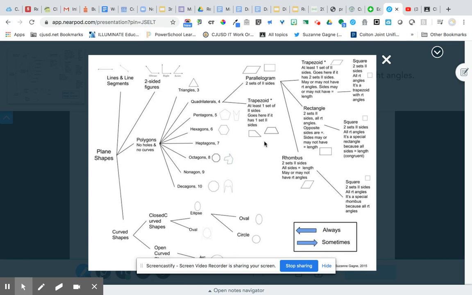No, this one's all right angles, may or may not have sides of equal length, so it could be rectangle. All sides equal length, all right angles, so definitely square fits. It could be a rectangle if the rectangle has four sides of equal length. So definitely square and possibly rectangle.